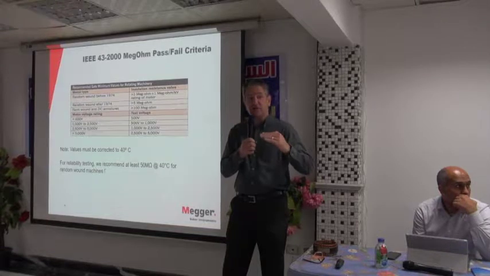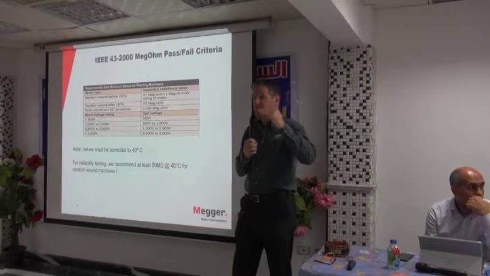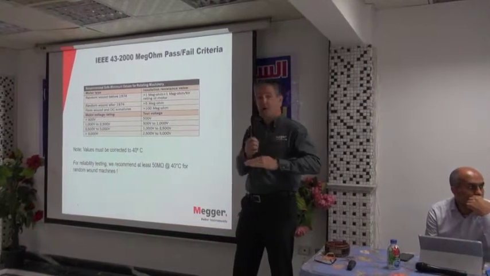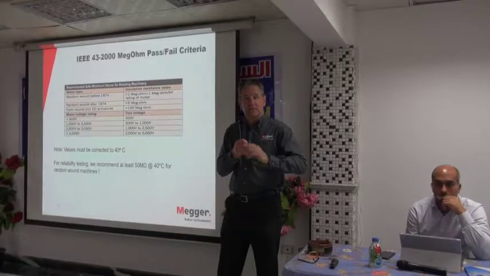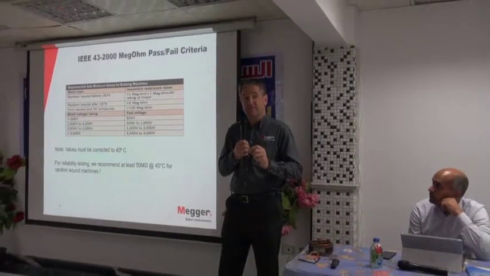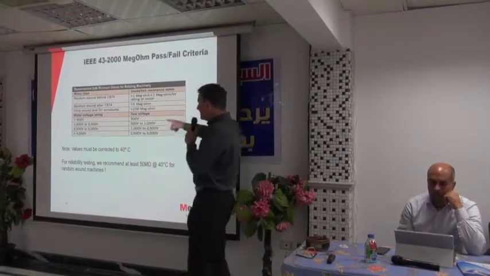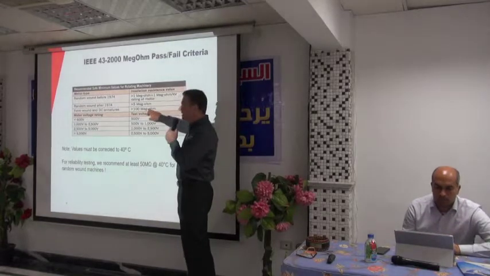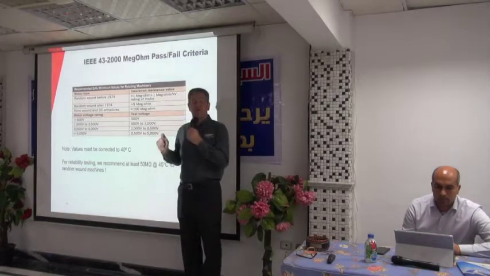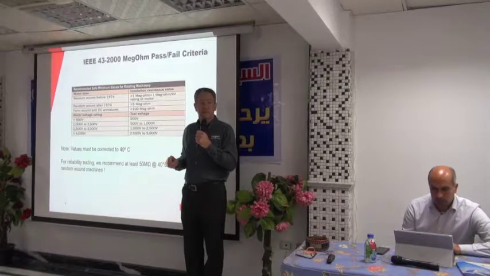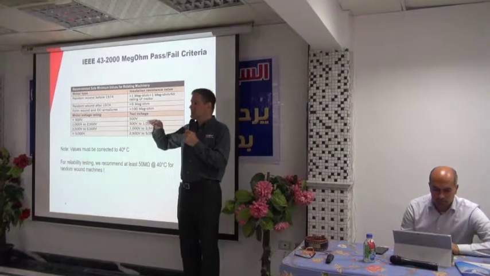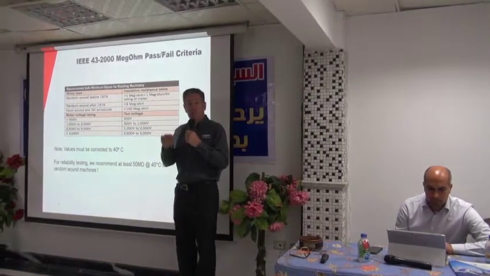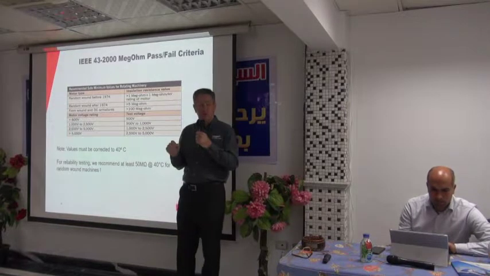Because every 10 degrees Celsius increase in temperature, the megohm value is halving. So temperature makes a big difference. So the standard for high voltage motors is 100 megohms at 40 degrees. And if you want to make a trend of your megohm values over many years, you have to correct for temperature.